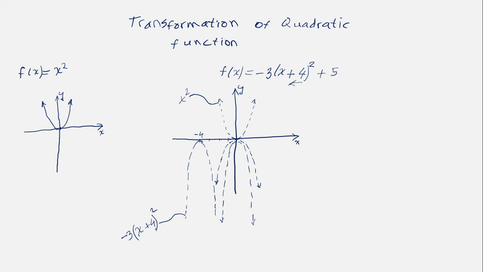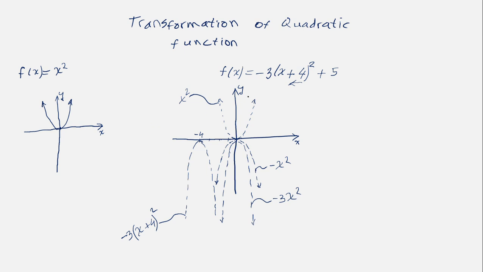Since x got a 4 added to it, the transformation is on x, but it goes opposite from what the sign said, so it moved to the left. Let's remember that this one was just -x squared, and then this one was -3x squared. So the negative flipped it over, so it's facing down, and the 3 made it 3 times taller or longer along the y-axis, so it's stretched along the y.